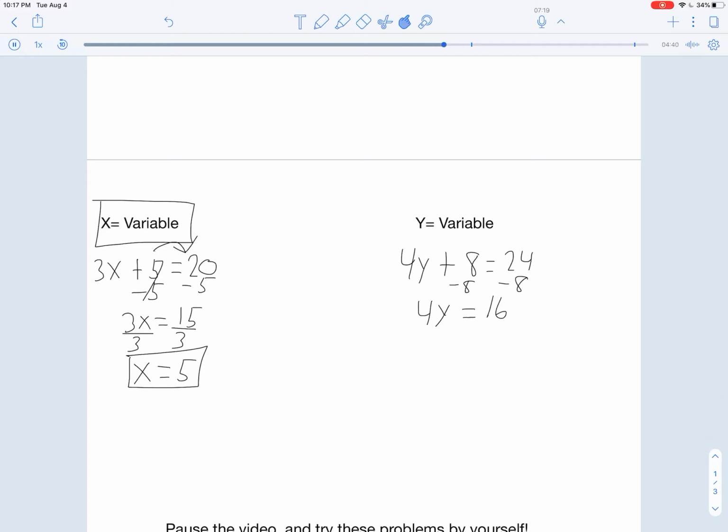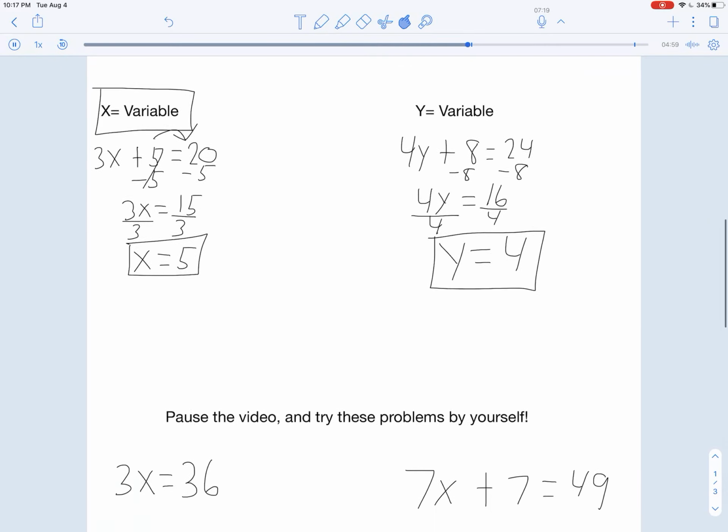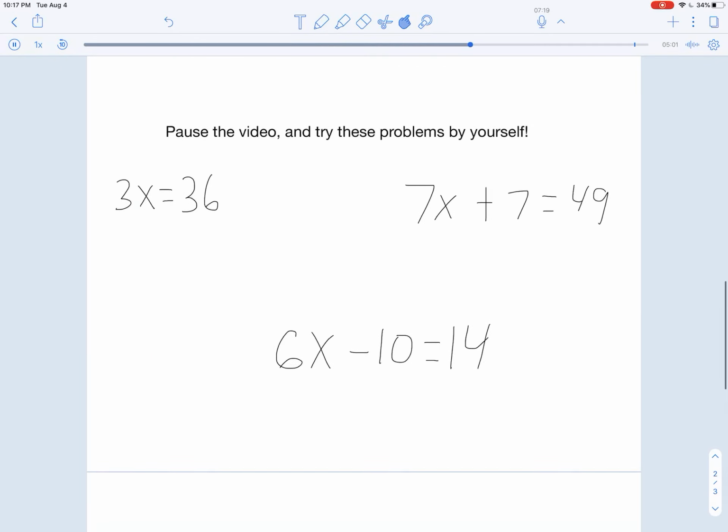Now, 4 times y equals 16. Division is the opposite of multiplication, so we divide both sides by 4. We get y is equal to 4. Awesome. Now, please pause the video and try some of these problems yourself.